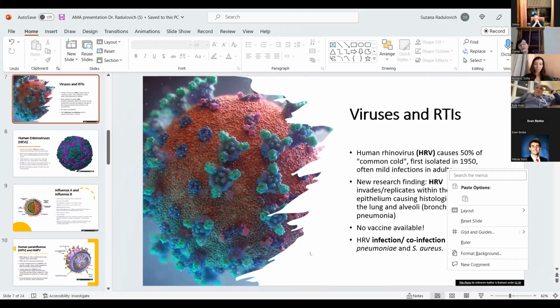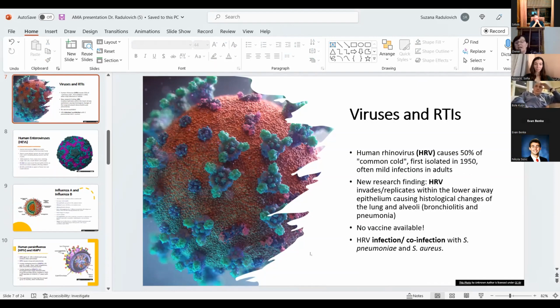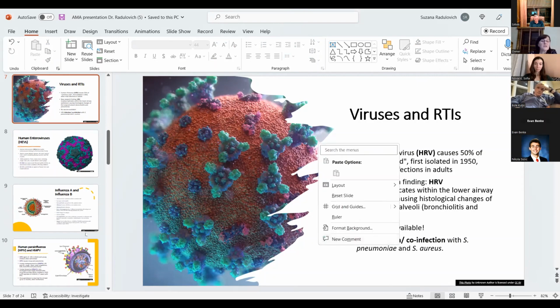Now, the latest findings about HRV show that it is capable of replication in the lower epithelium, causing histological changes in the lung and alveolus, so bronchiolitis and pneumonia. It is interesting that HRV is often seen with co-infection with Streptococcus pneumoniae and Staphylococcus aureus.